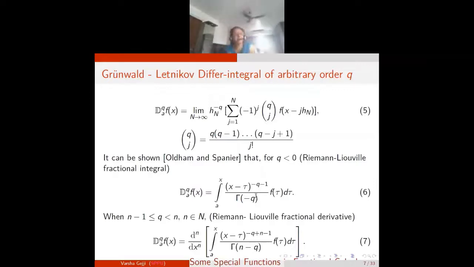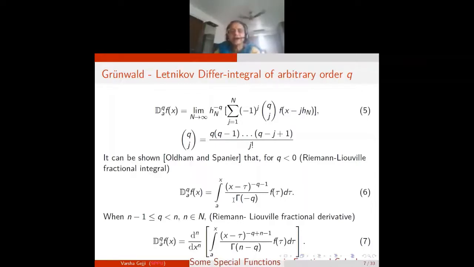So when q is negative, you can show that it is this integral from a to x. So when f has some decent conditions, such as say f prime is integrable and or f is continuous. I'm not going to those details here, because a lot of analysis comes into play, which I am keeping aside.